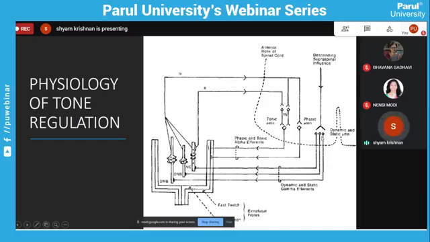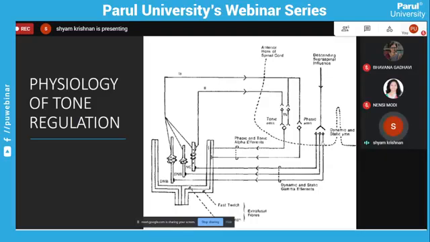From the ventral horn itself, there is another neuron system which is arising, and this neuron system is supplying the intrafusal muscle fiber. This is called the gamma motor neuron system. Now the gamma motor neuron system is under the control of the supraspinal influence, that is the various tracts which descend through the spinal cord. They control the gamma motor neuron system.